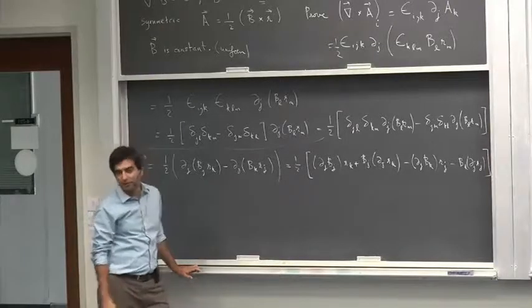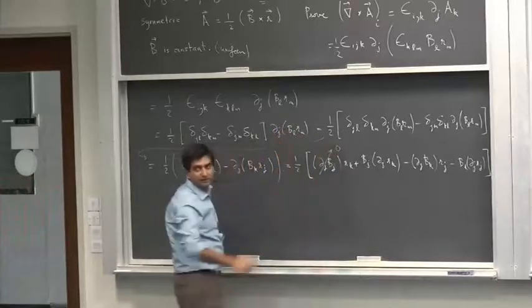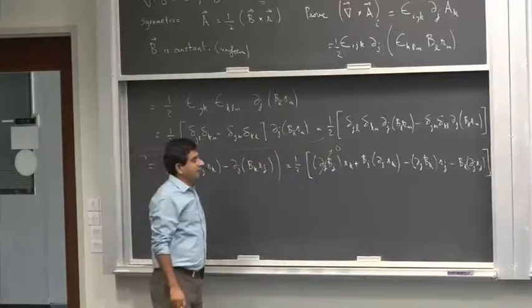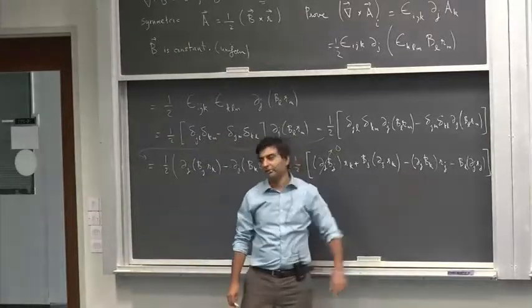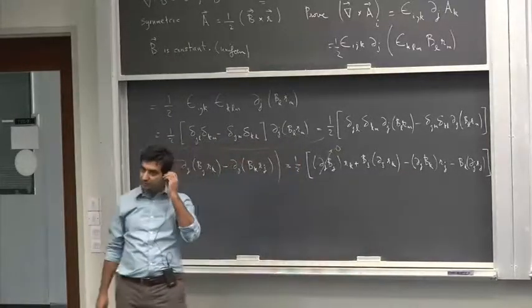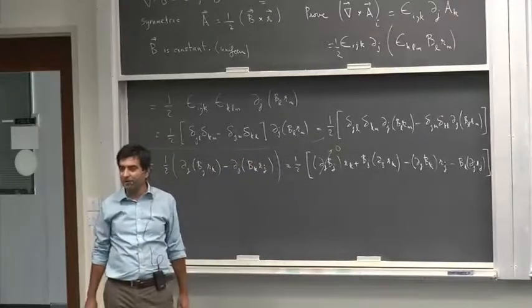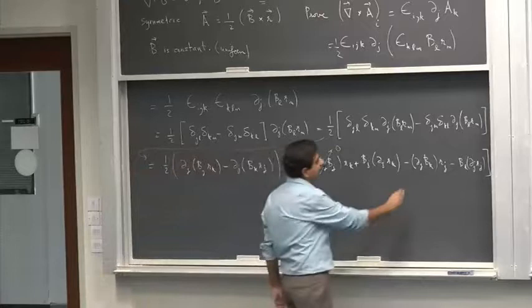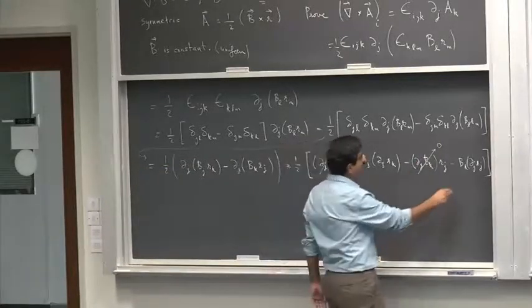Yeah, del dot B. What's del dot B? It's 0 by Maxwell's equation. Now, what is this partial j b_k? The field is constant. It's uniform in space. This must be 0 as well. This is 0. What is this thing equal to?